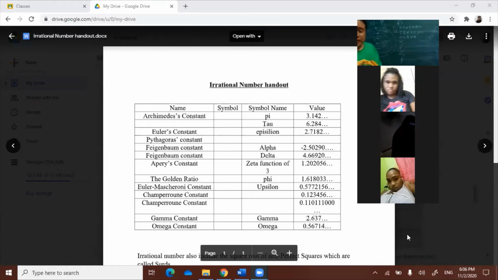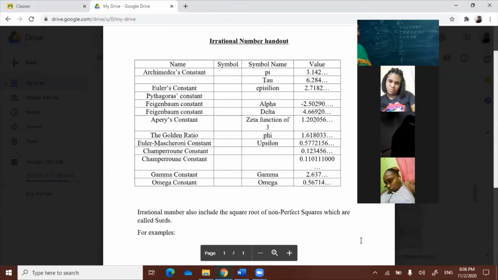And then there is a secondary set of irrationals, which have their own branch of mathematics, and these are called surds. Right? And what surds are is the square root of any non-perfect square.